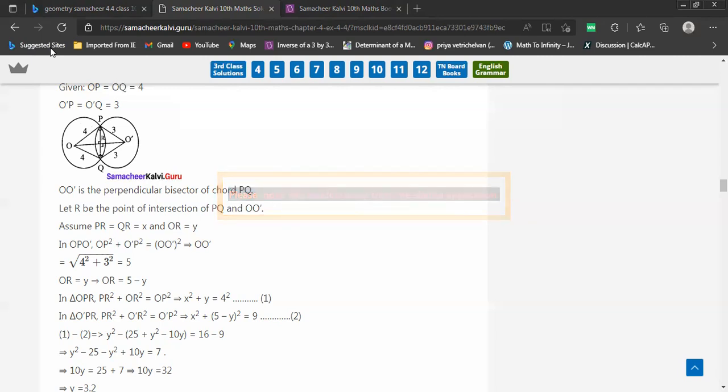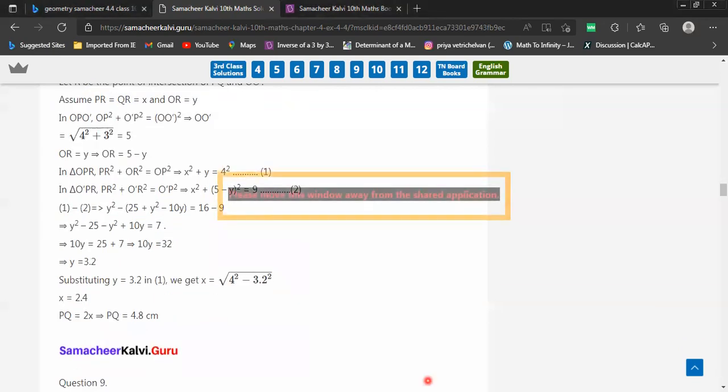Step after y is equal to 3.2. What about x? So we need to substitute that.